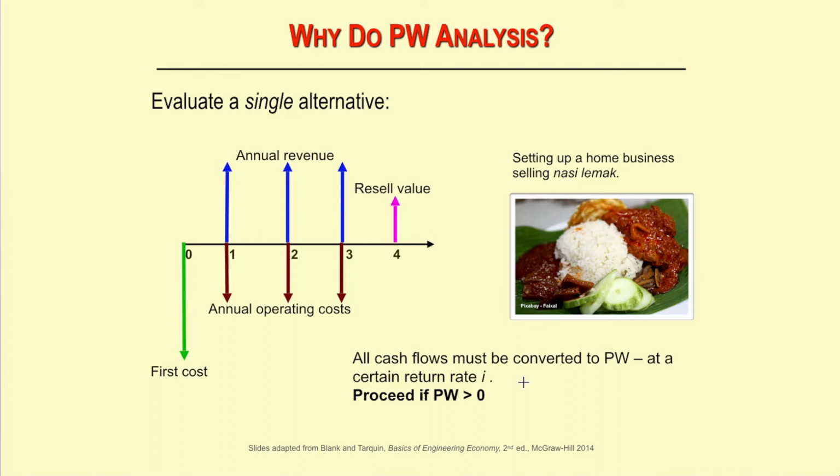If the present worth value is bigger than 0, then the proposed business is economically justified and it can meet the target return rate. However, if the present worth value is less than 0, then the business will not meet the target rate of return and therefore it is not economically justified.